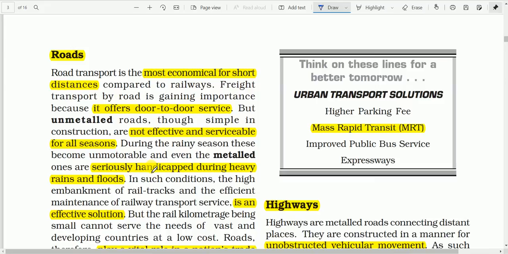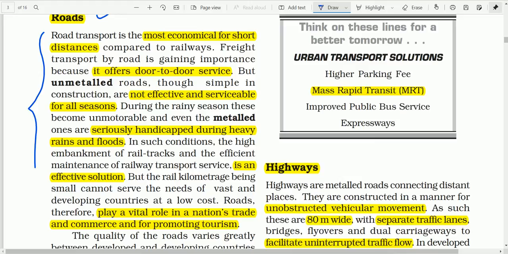So now let us start roads. This is an important mode of land transport. And here in this paragraph, you will find the advantages and the disadvantages of roads. So let us read. Road transport is the most economical for short distances compared to railways. Freight transport by road is gaining importance because it offers door-to-door services.